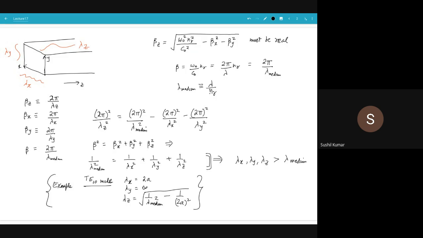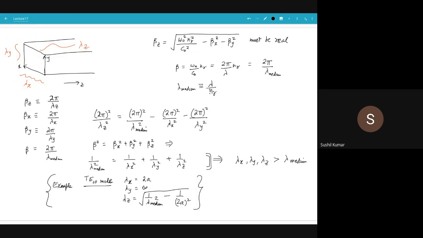Lambda medium is related to the frequency we want to launch in the waveguide. All these lambdas are larger. It can be infinity, but in general they have to be larger. And the dimension, what's the minimum A you can have? Lambda x by 2, right? Can you have it smaller than lambda x by 2 for supporting this mode?